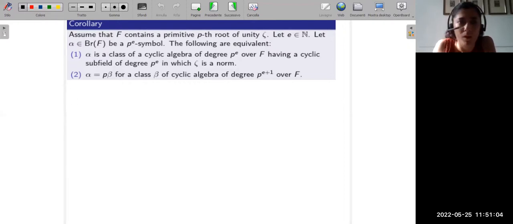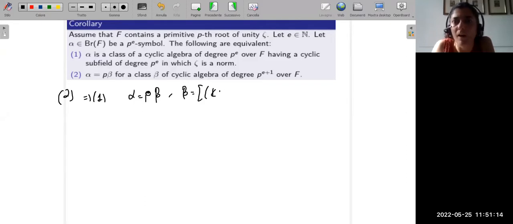So 2 implies 1. Alpha is given as p times beta, where beta is a class of a cyclic algebra. Given a cyclic algebra, I want to use the same letter to avoid confusion. So it's a cyclic algebra of degree p to the power e plus 1.